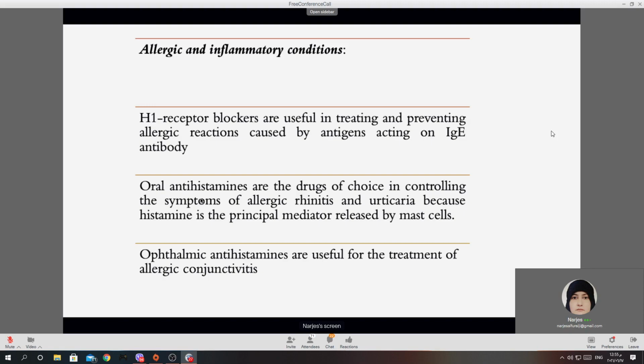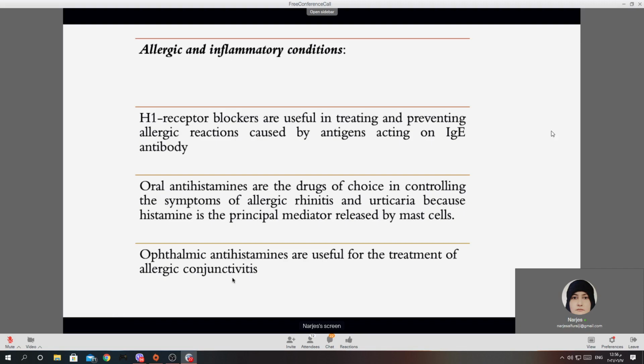Generally, oral antihistamines are good at controlling all symptoms, ranging from allergic rhinitis, urticaria, through the peripheral receptors due to release of histamine by mast cells.